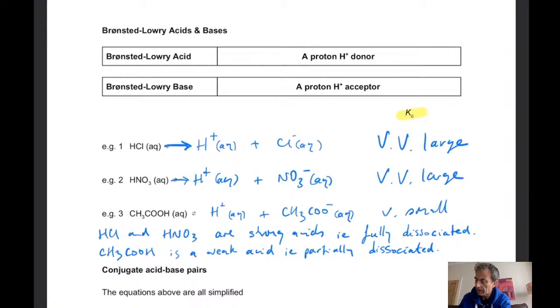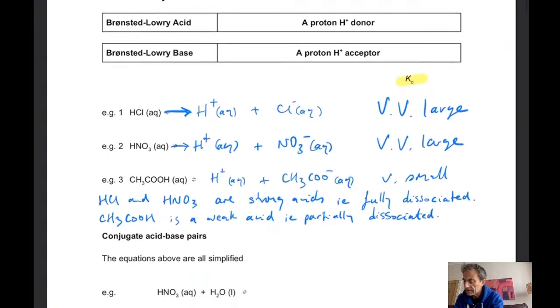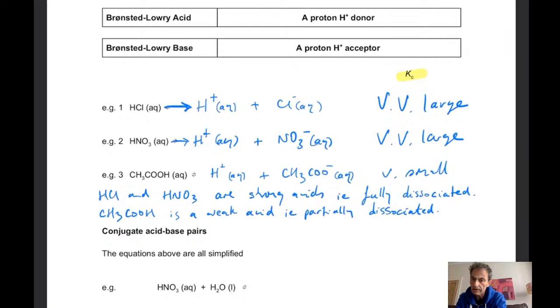Obviously I've gone back and changed it to the actual arrow that we use. So very quickly we've established what an acid is, a Bronsted-Lowry acid, what a Bronsted-Lowry base is, and the difference between a strong acid and a weak acid. And it's all about the extent of dissociation.